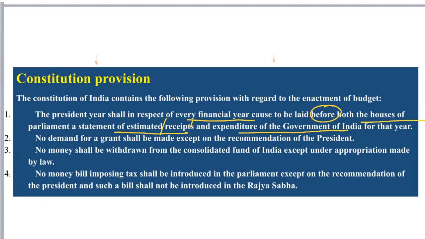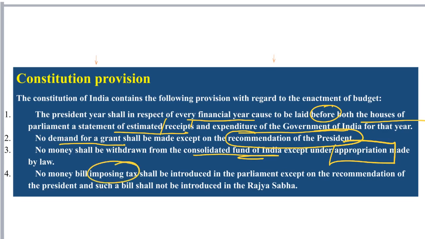But during this time, no demand for grants shall be made except on the recommendation of the President, and no money shall be withdrawn from the Consolidated Fund of India except under appropriations made by law. And no money bill imposing tax shall be introduced in the Parliament except on the recommendation of the President, and such a bill shall not be introduced in the Rajya Sabha.